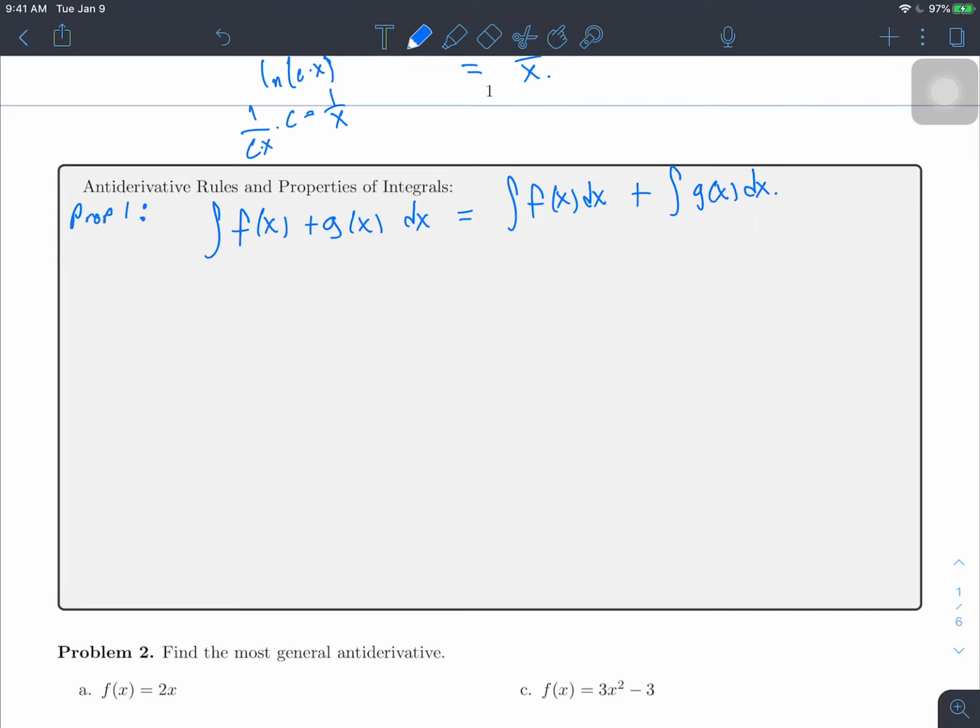So we get something which looks like the sum rule for derivatives, okay? If we take the integral of two functions being added together, it's going to be the same as if we take their integrals and then add them.